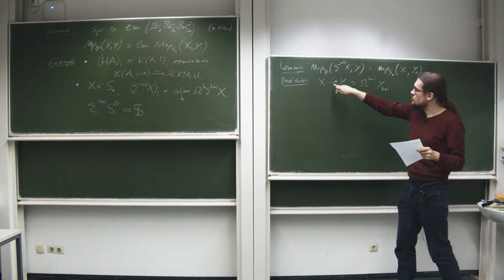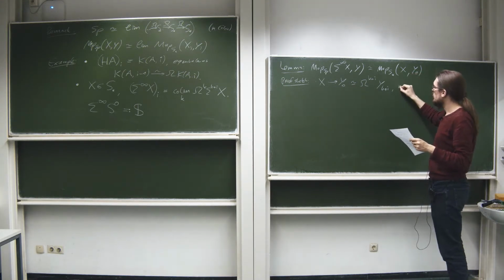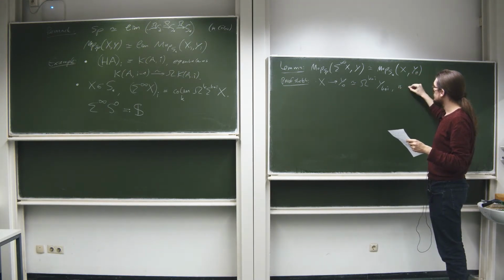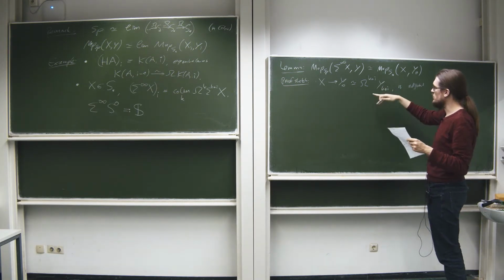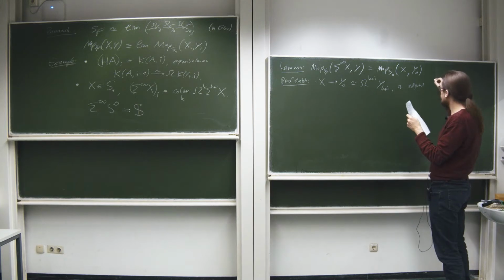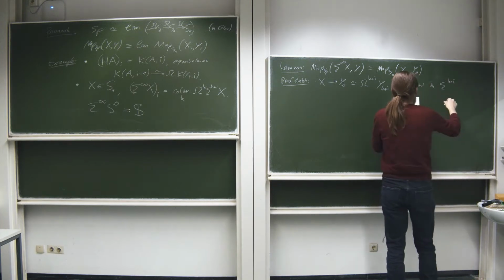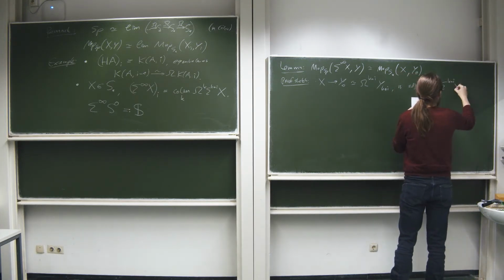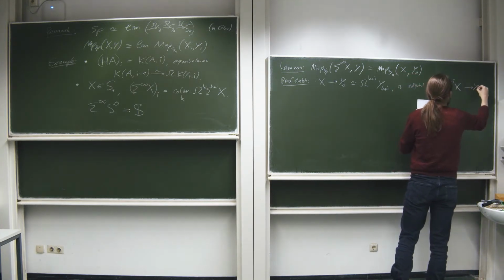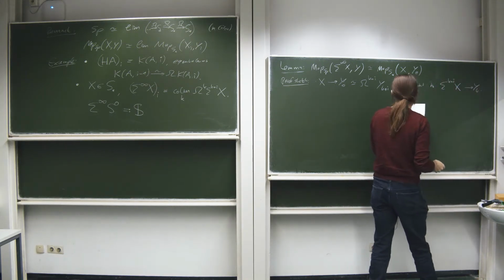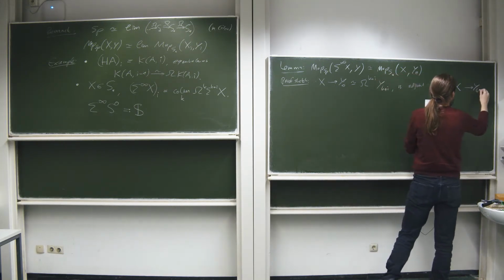By the adjunction between loops and suspension, this map gives me another map. It's adjoint to a map sigma k plus i X to Y k plus i.